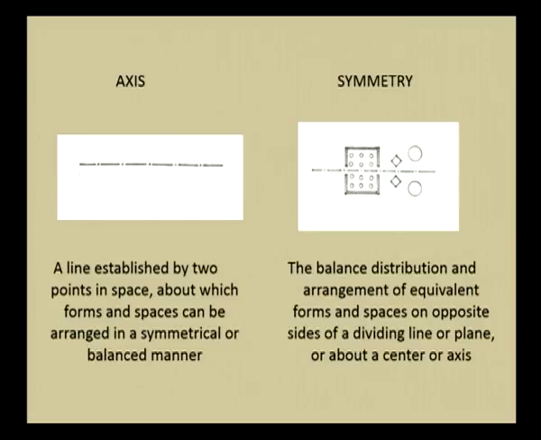Symmetry: the balance, distribution and arrangement of equivalent forms and spaces on opposite sides of a dividing line or a plane, or about a center or an axis, is called symmetry, like what is shown in the picture. You have a central line and you have forms and objects on either side arranged in a similar manner.